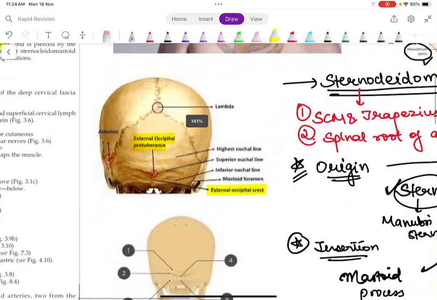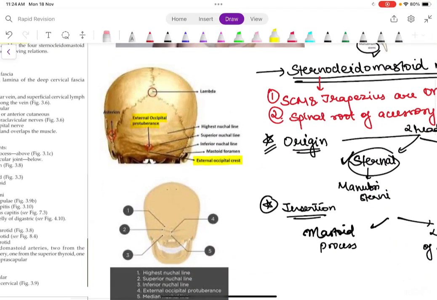All right, now from this you can see, and this is like gross. So what you see is this is our occipital bone, right? And one line is here, if you can demarcate, right? This one, and then there is another, and then there is another.